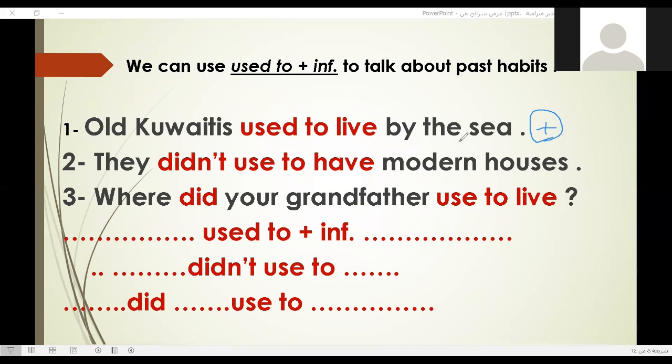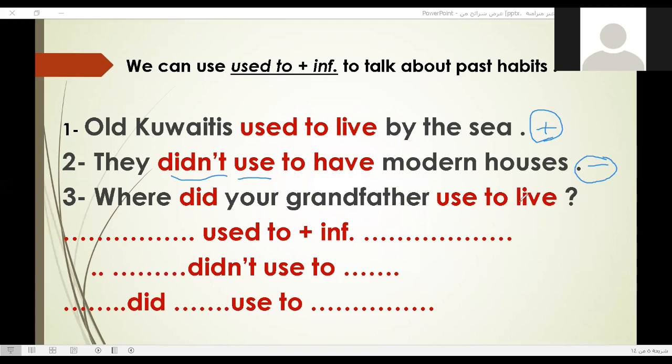Thanks a lot. Number two, They didn't used to have modern houses. You notice that we used didn't. So this is the negative form of used to. You notice that we add didn't and we omit the d at the end of the verb used to make it in the present and in the infinitive form.